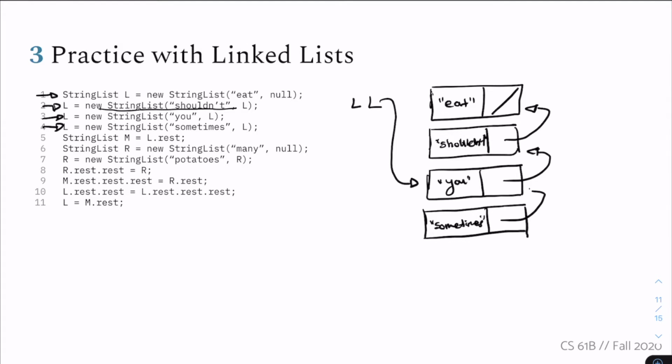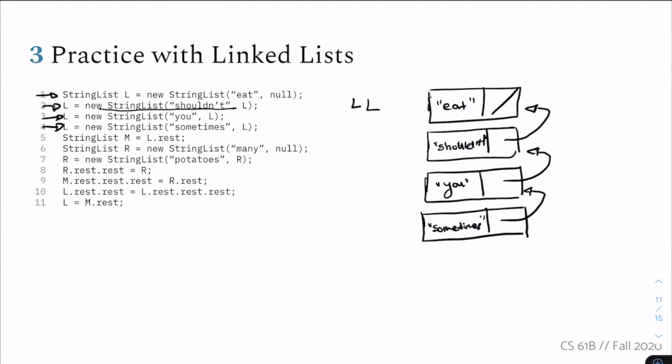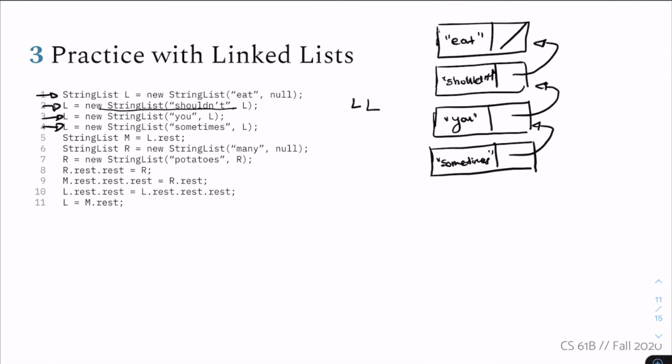And that points at U. And then I'll move this up a little bit so it's a little easier to see, but this points at shouldn't. Okay, great. We created our first string list.